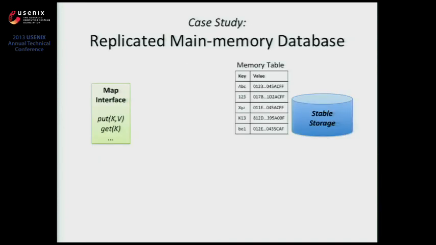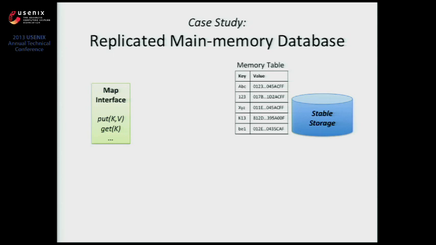For the remainder of this presentation and most of the paper, we use a very simple case study, which is a main memory database, okay? It's a very simple key-value database in which all the data fits in memory. It's, for example, the same model that is used in Chubby and Zookeeper, okay? At some point, they are something like this. And given the size of the memory we have these days, this could be used for storing metadata on distributed file systems and things like that.